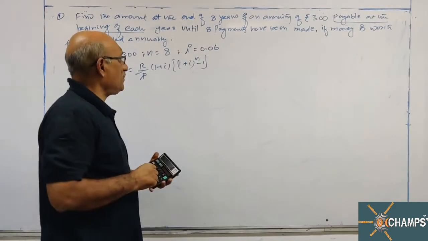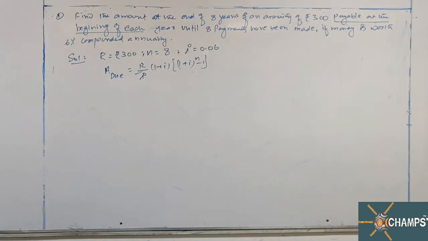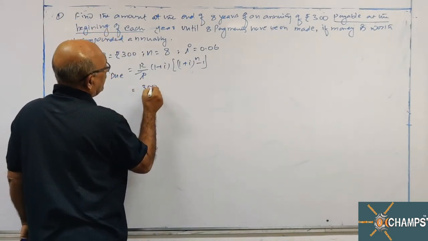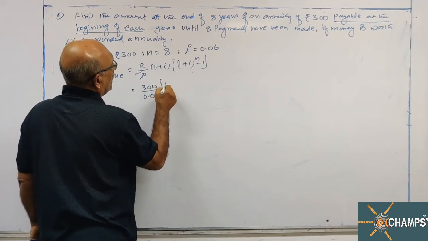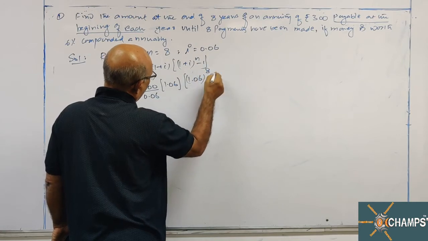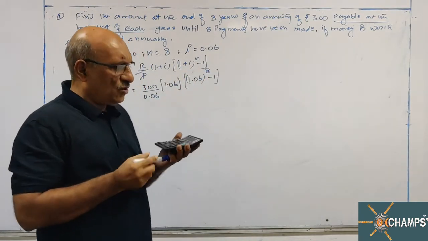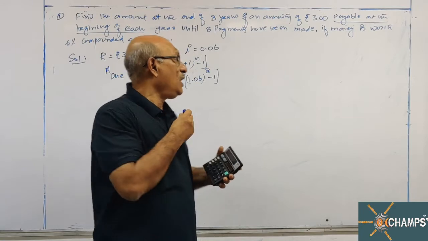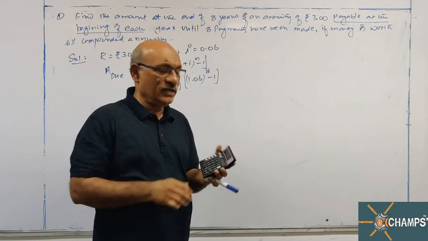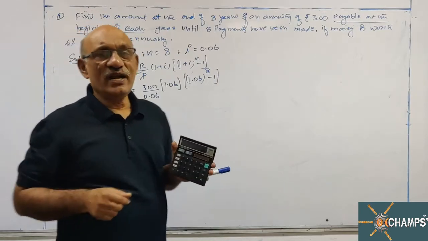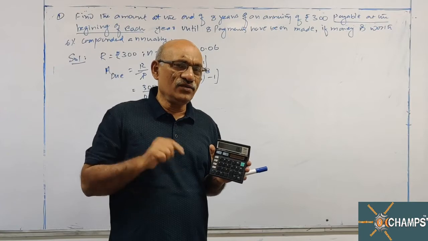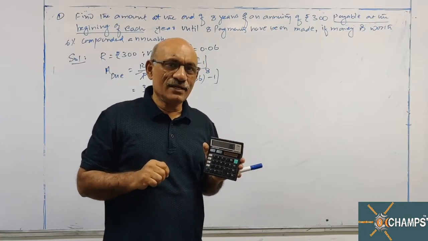Now look at this question. This is 300 divided by 0.06 into 1.06 into (1.06^8 - 1). So first you have to raise the power of 1.06 to 8. Then on the left hand side corner you will get a number 1. Plus is equal to sign, till this number will become 9.